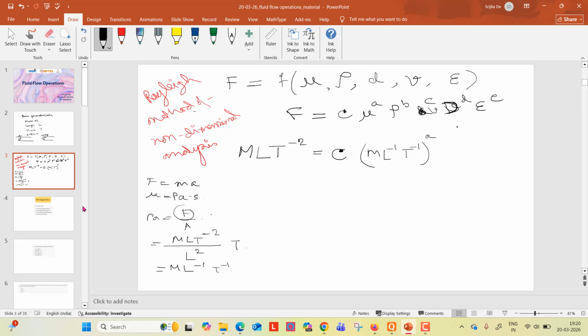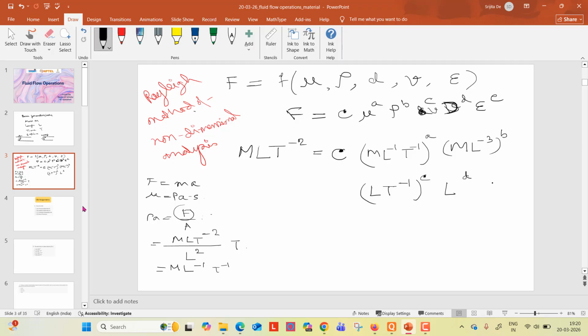Rho is very easy, mass per volume, so it is M L to the power minus 3, to the power b. V is velocity, meter per second, so it is L T to the power minus 1, to the power c. D is just diameter, so it is only length, L to the power d.